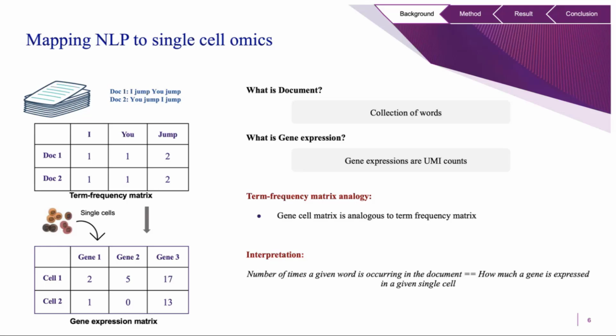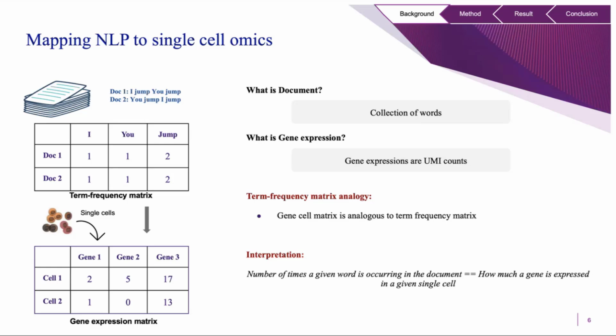Here we used something called a term frequency matrix, which is used in NLP. If I have two documents, document 1 and document 2, and I have these words within those documents, this term frequency matrix notes down the frequency of each of the words that are present in that document. Here you can see in document 1, I have "jump" with a frequency of 112.